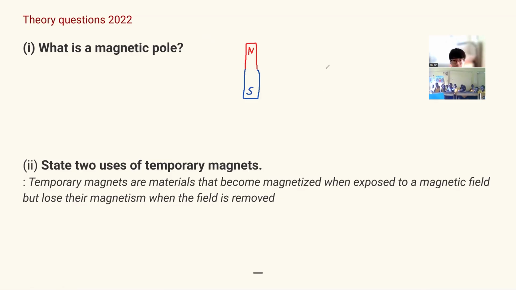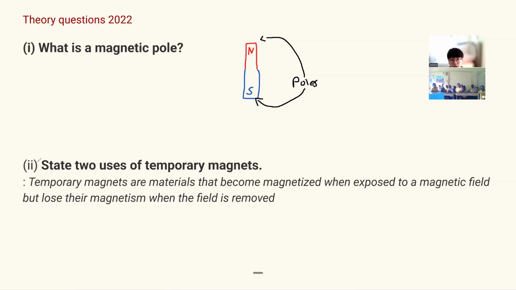So we have a magnet like this, right? And the poles are both ends. So both ends are poles. So what exactly are the magnetic poles?